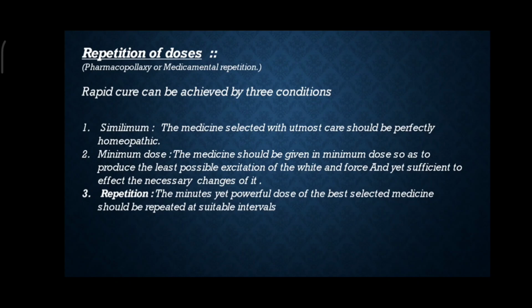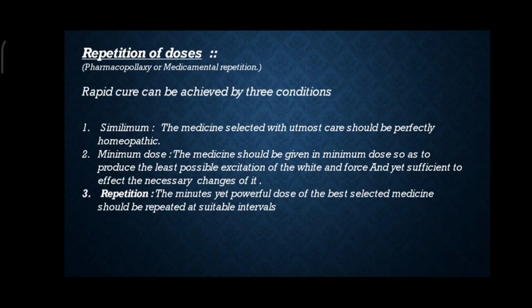Minimum dose. The medicine should be given in minimum dose so as to produce the least possible excitation of the vital force and yet sufficient to effect the necessary changes in it. Repetition. The minutest yet powerful dose of the best selected medicine should be repeated at suitable intervals.